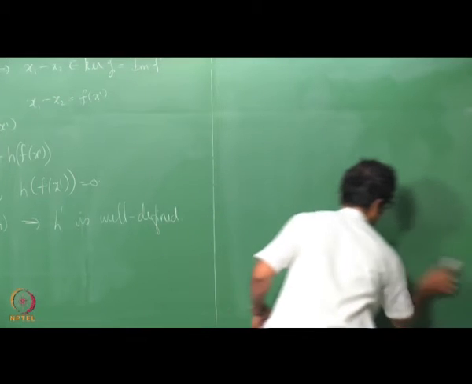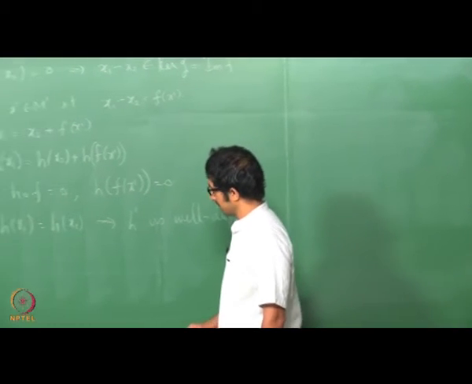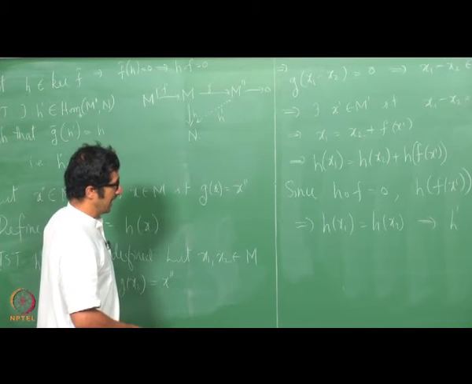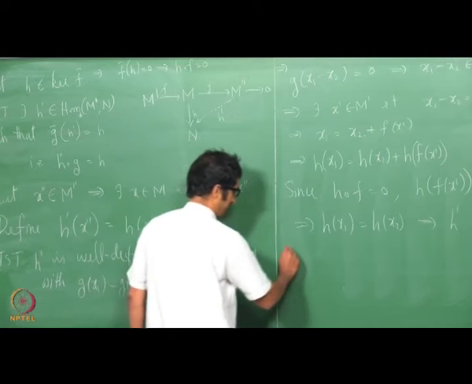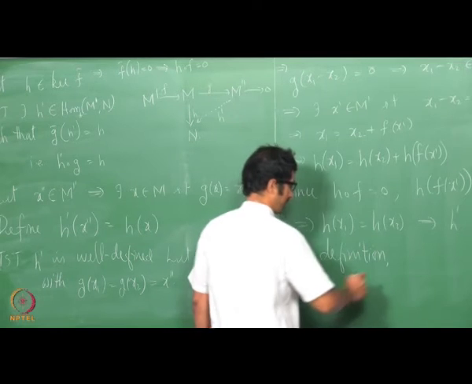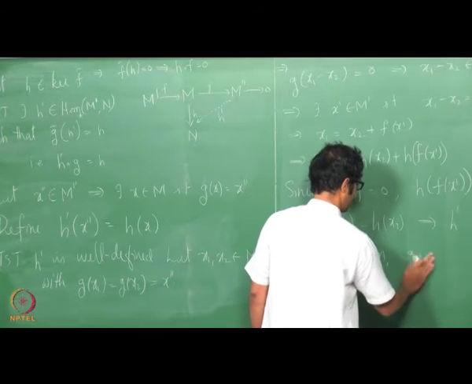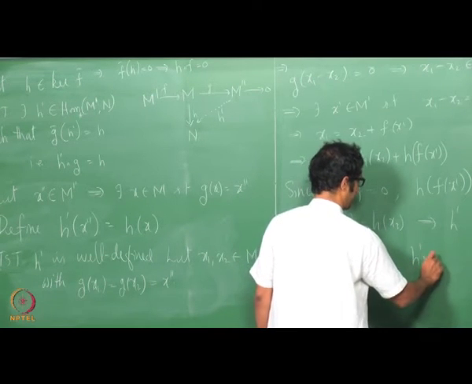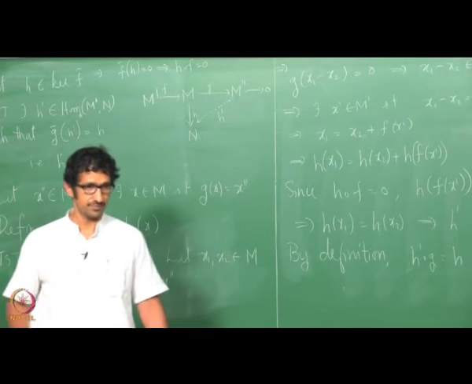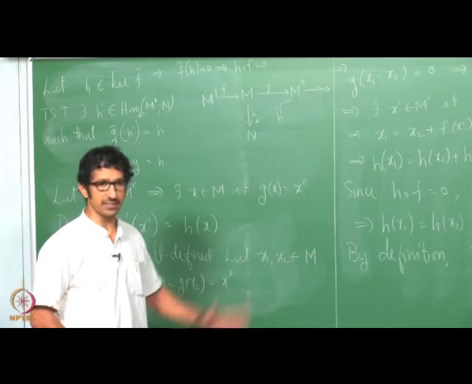One needs to prove that this is an A module homomorphism. So, by definition, h prime composite G is equal to H. By definition, this property is true, right.